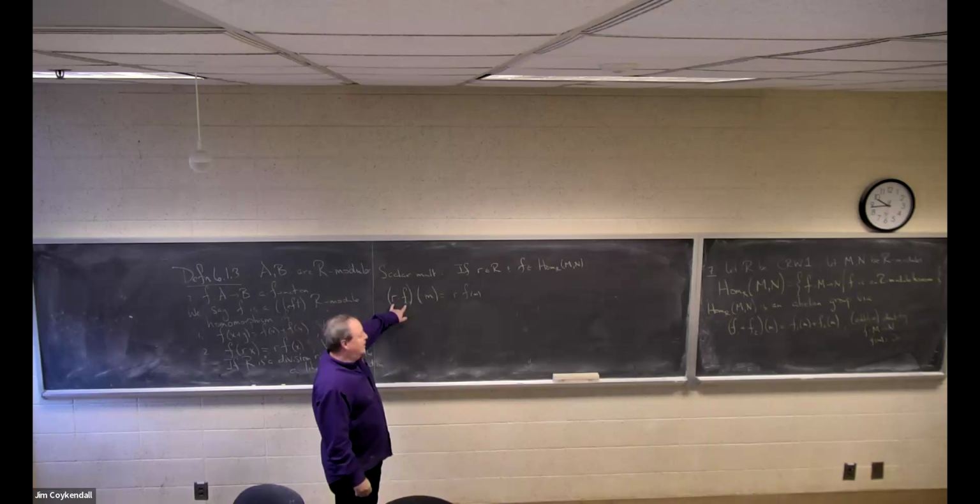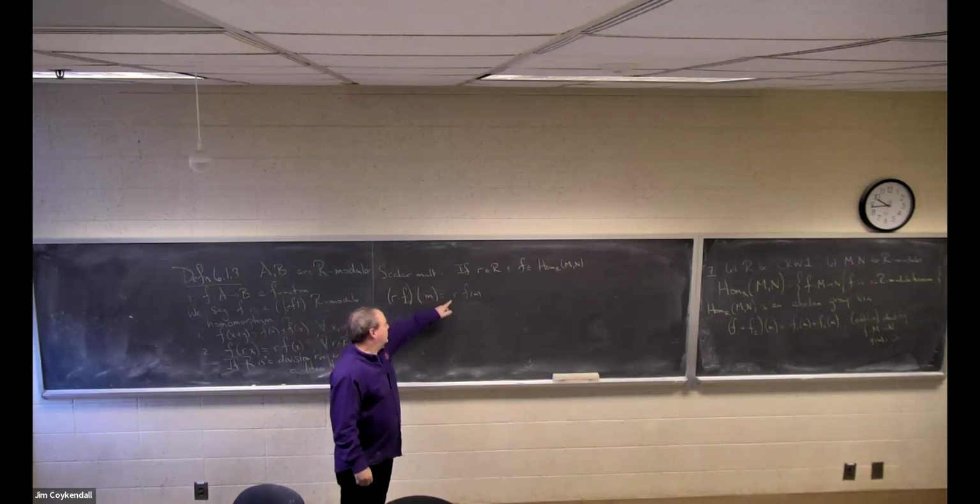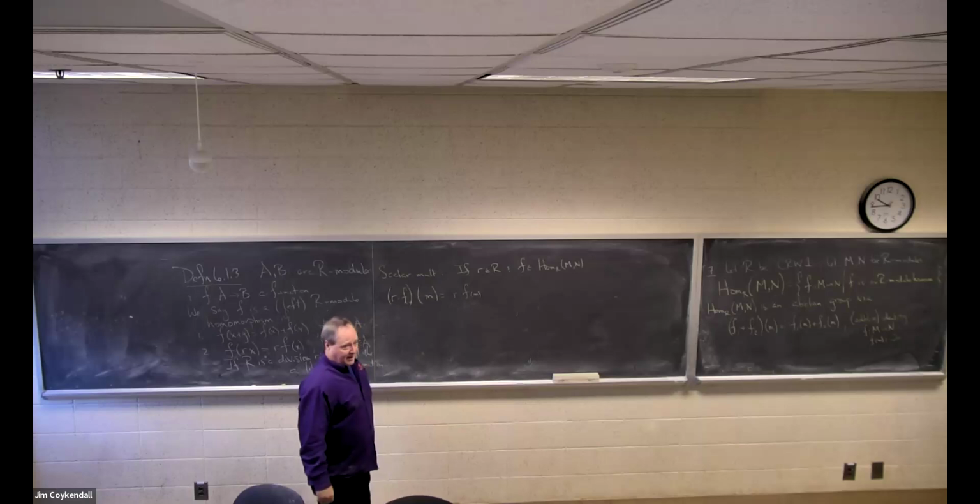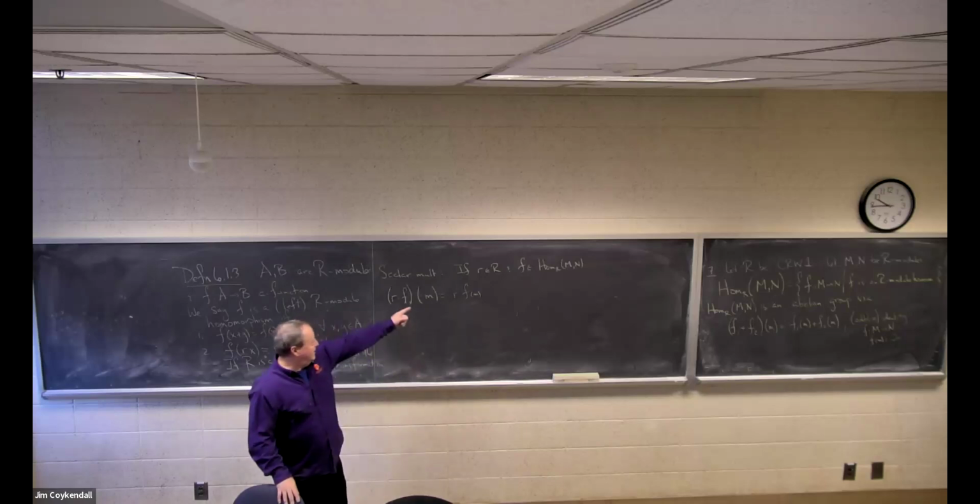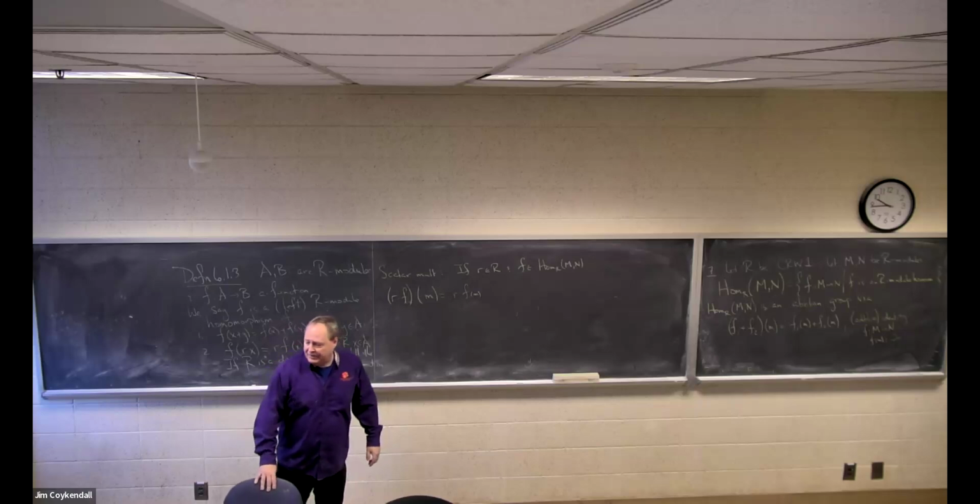So my new function RF takes M to R times F of M. You should probably verify for yourself that this is in fact an R module, that Hom_R(M,N) is in fact an R module.